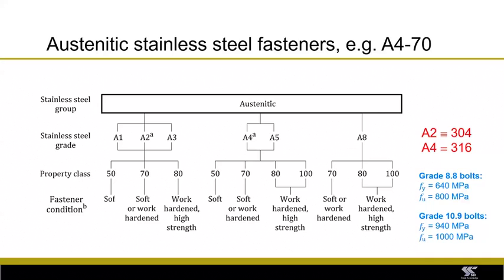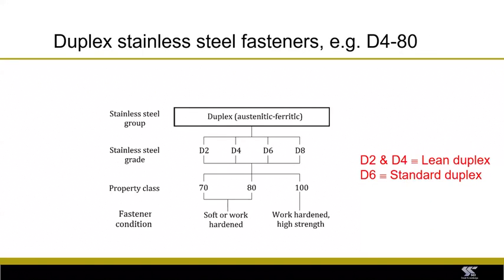But typically you'd use an A2-70 or an A4-70 or 80. Exactly the same system for duplexes, D for duplex, D2 and D4, these are the lean duplex grades. This is all explained in ISO 3506, and D6 is the standard duplex.